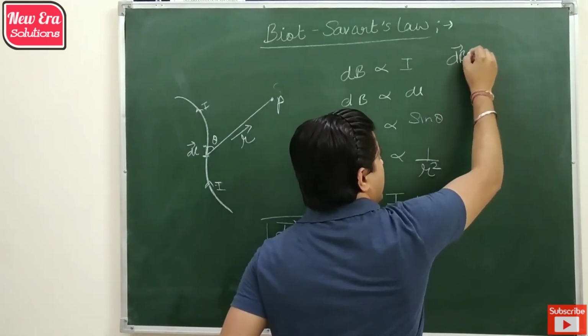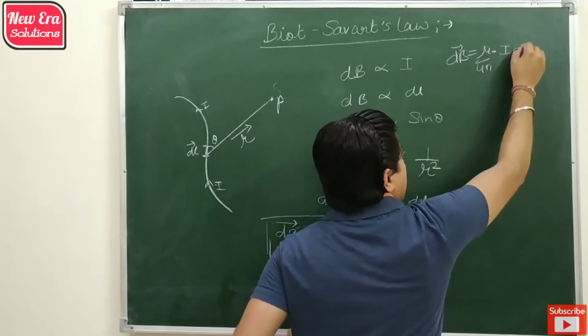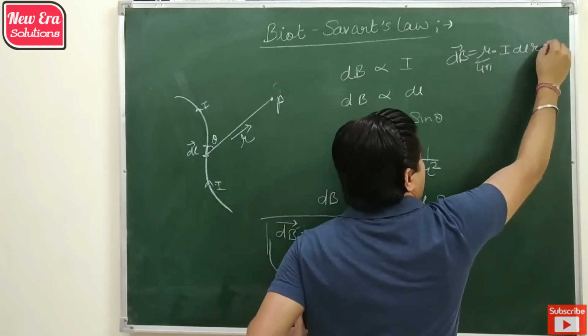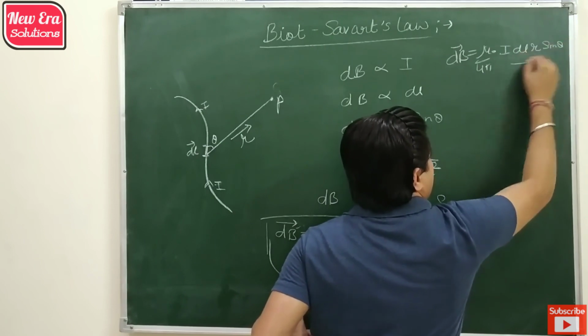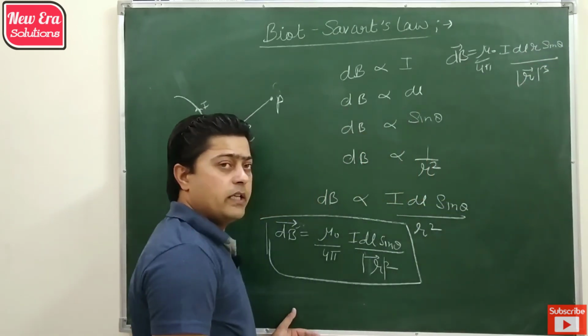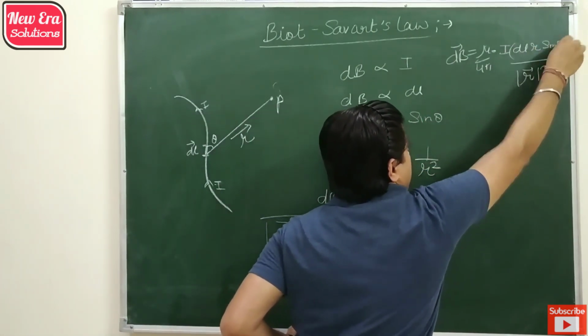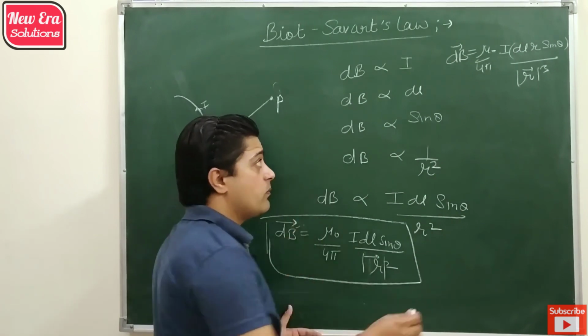We get dB equals mu naught by 4 pi I dl r sin theta by r cube in terms of magnitude. Then as we know, a b sin theta in vector form is a cross b.